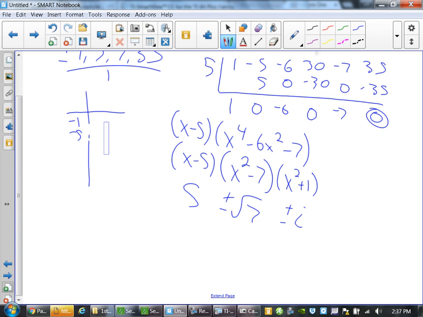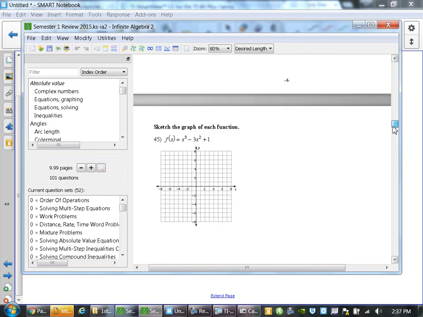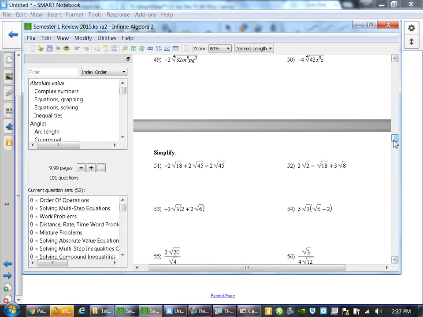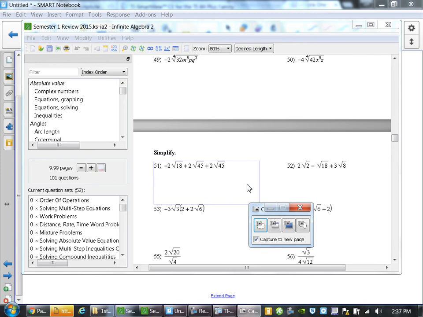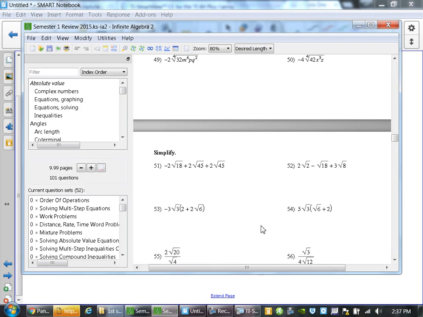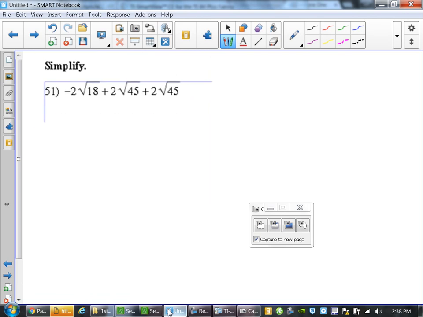Sure. There's the point. Simplify, okay? When you're simplifying roots, you have to get common radicals. So, square root of 18 is 3 root 2.